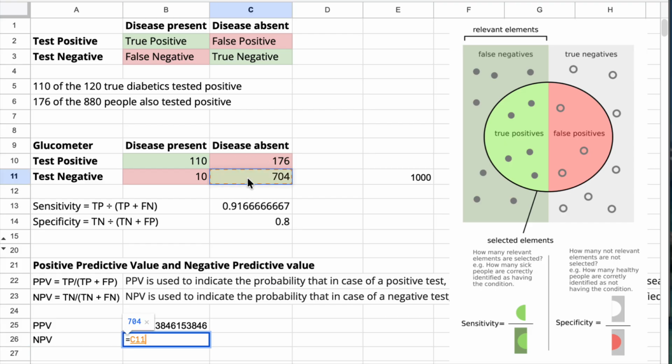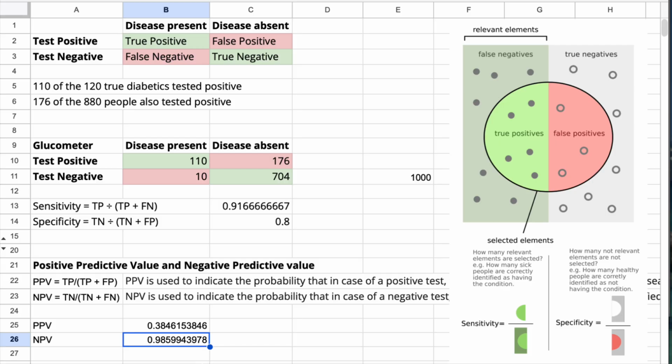Those are the 104, divided by the true negatives plus the false negatives over here, the ones that we missed. And there's actually a 98% chance, you can see that formula in there, if it's negative, that you are indeed negative.